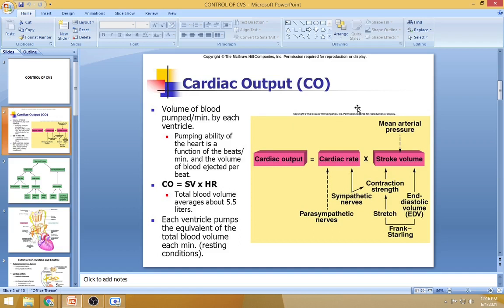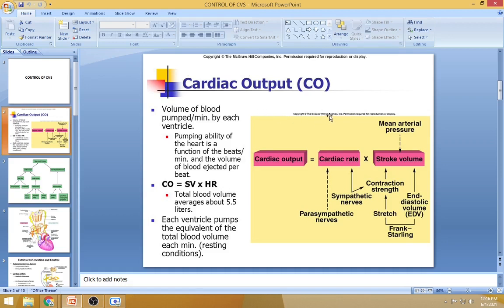It changes with, let's say, a change in posture or a change in the activity of the body, and therefore cardiac output needs to be changed with the requirement or the need of the body, and in order to do that, the heart needs to be regulated.